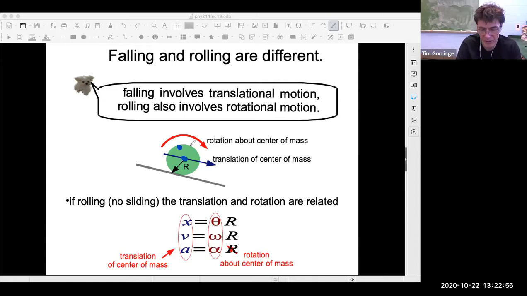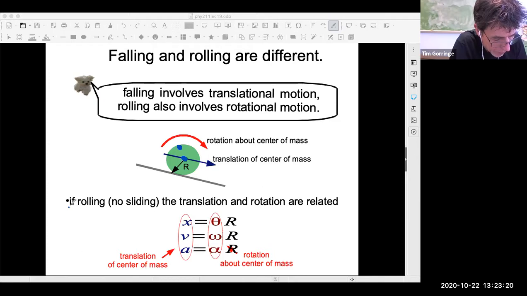Every object has a center of mass. And for this sphere or cylinder or ring, the center of mass is just undergoing translational motion down the incline. And all the other bits and pieces of the solid cylinder, sphere, or ring are rotating, undergoing rotational motion about that center of mass.